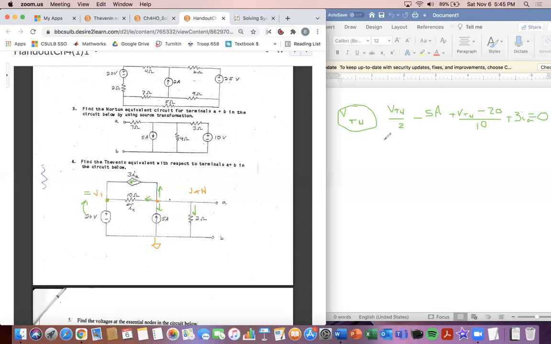That's why when I drew the V Thevenin, I did V Thev divided by 2. That's the one right here. And then the -5 amps one right down here hit the ground, that other node. And then the V Thev minus 20 divided by 10 hit this other node here. And then the last one, 3IA, hit the other node.